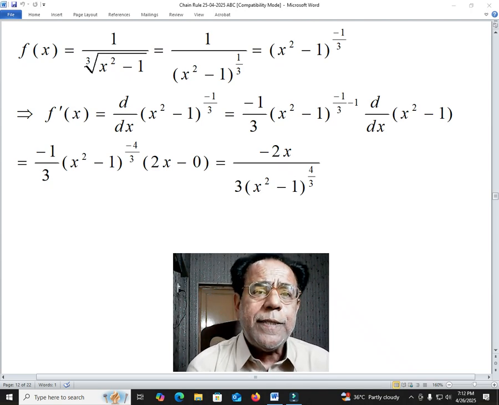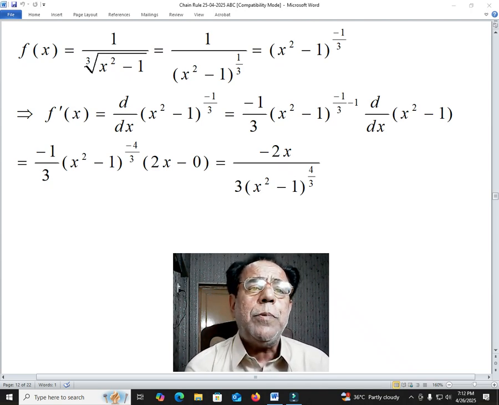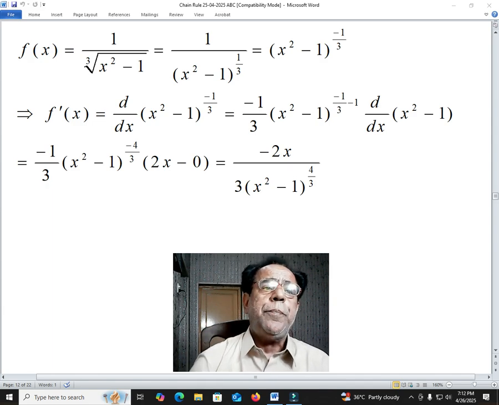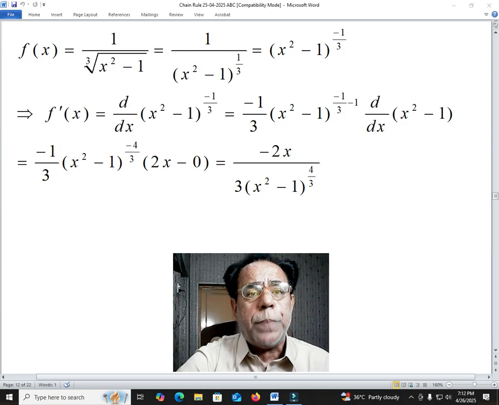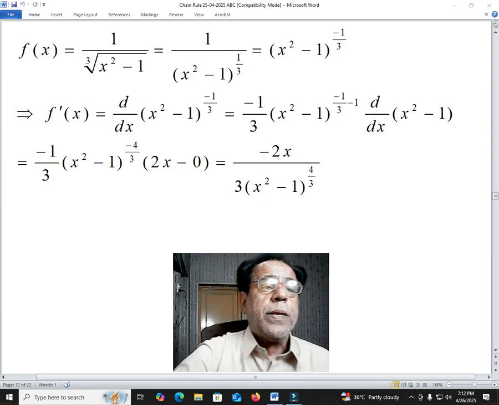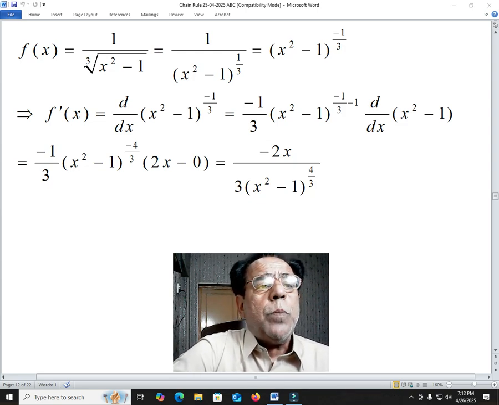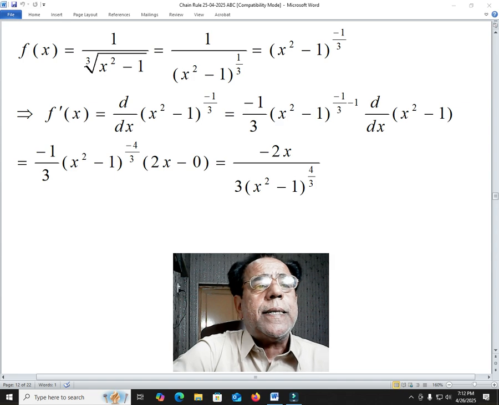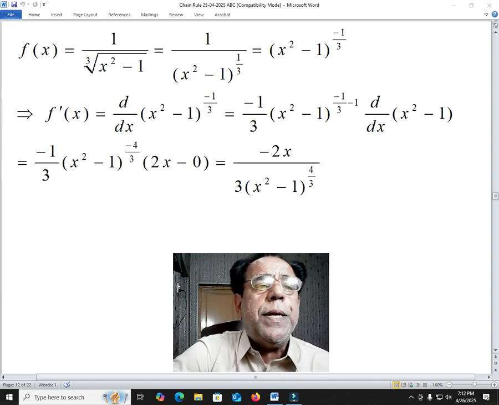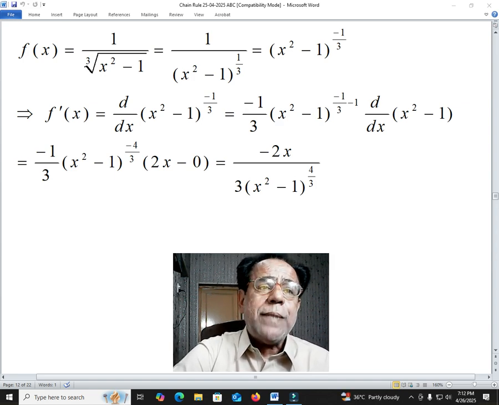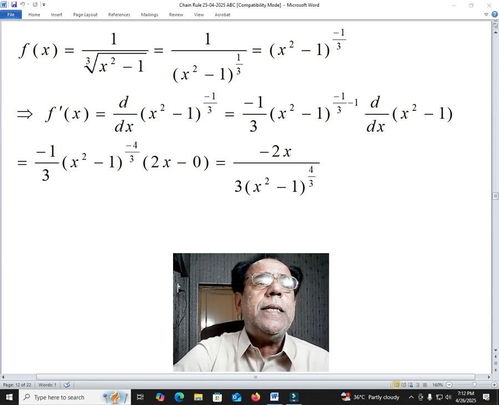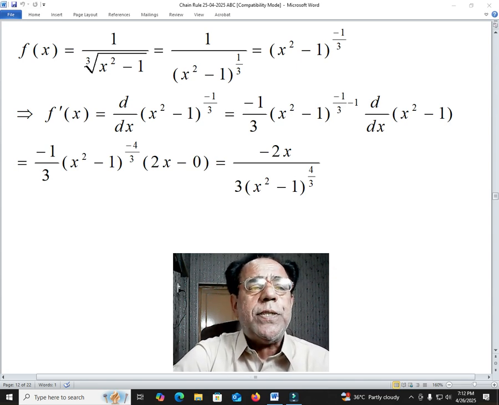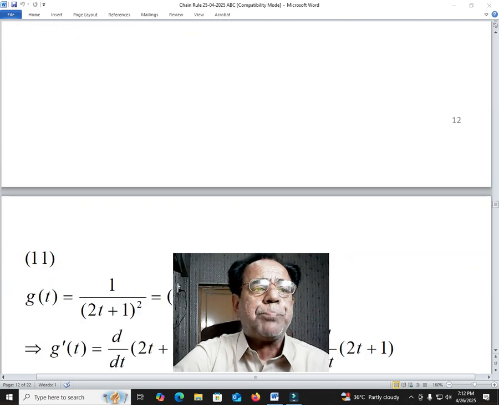So after simplification our result will become minus 2x over 3 (x square minus 1) raised to power plus 4 by 3, because power minus 4 by 3 in the numerator when shifted to denominator will become plus 4 by 3.